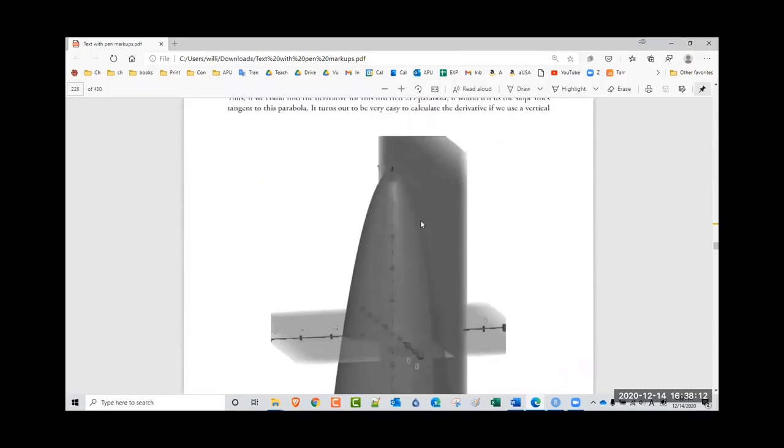Now, if I take this paraboloid and I cut it with a vertical plane, what kind of object am I going to get? What's the intersection of a paraboloid, like this one here, and this vertical plane here? A parabola. You can sort of see it here, right? It's here, and the other side goes down, and it's going to be a parabola.